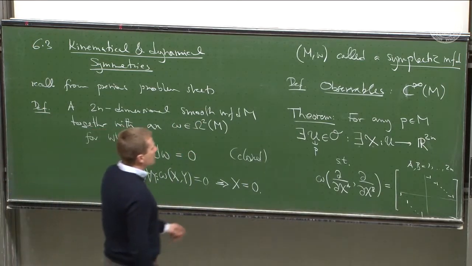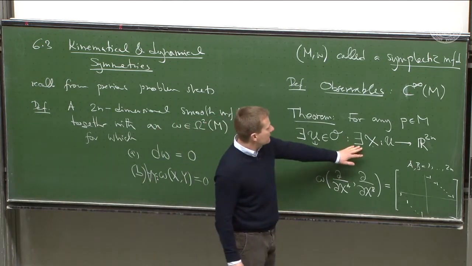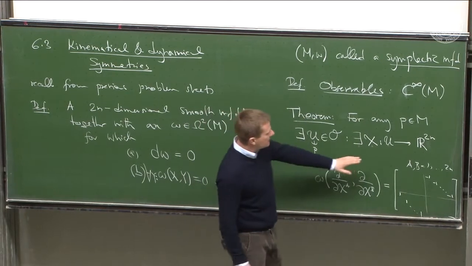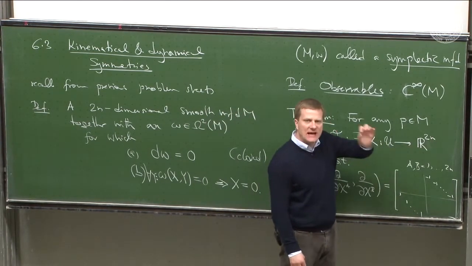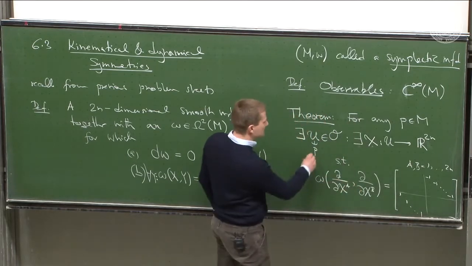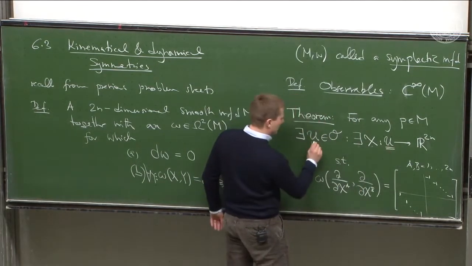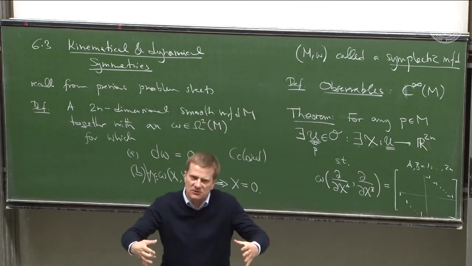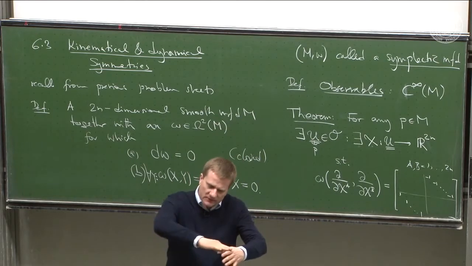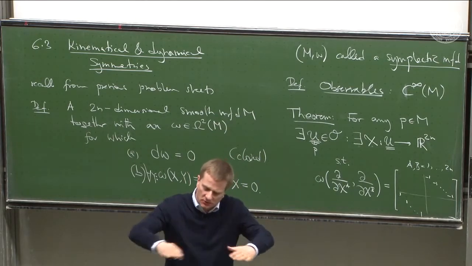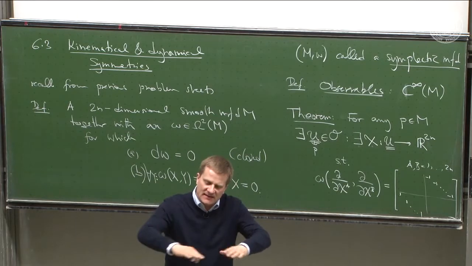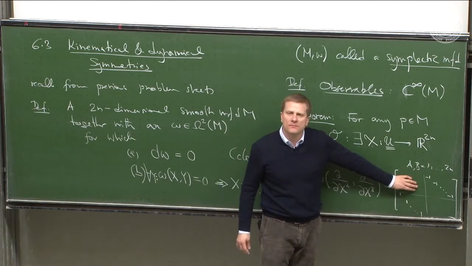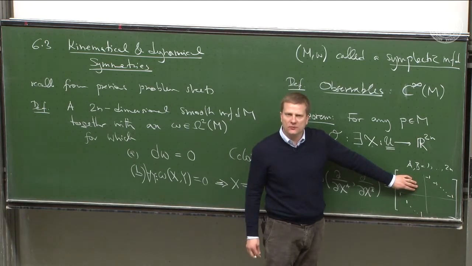Okay? And note, this is very special because it's not just a normal form for an antisymmetric 2n by 2n matrix at one point. It claims that around a point there's always an open region, maybe a small open region, but it's nevertheless an open region, where you can extendedly choose coordinates, and nevertheless over the entire region the omega takes the simple form. For a metric manifold that's not possible.